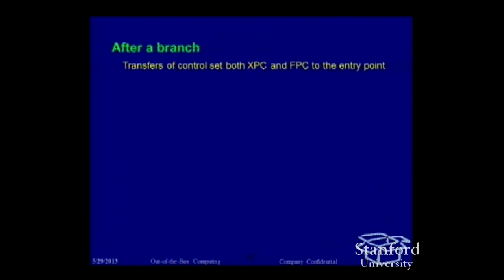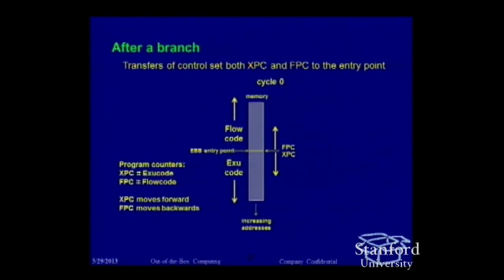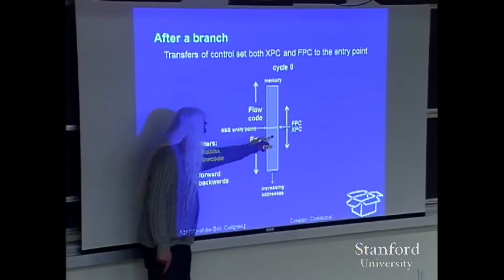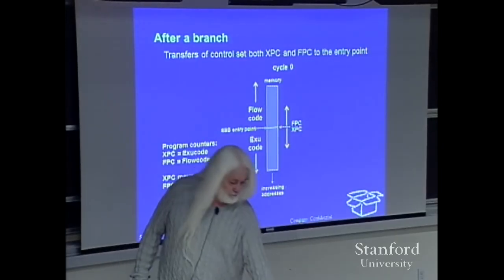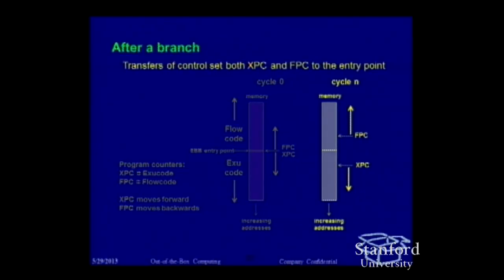So XPC there is the program counter for the XU side, and FPC is the program counter for the flow side. And when you take a branch, you go to the entry point, increasing addresses this way, decreasing addresses that way, but both program counters go to the same place. After some number of cycles later, the program counters have diverged.